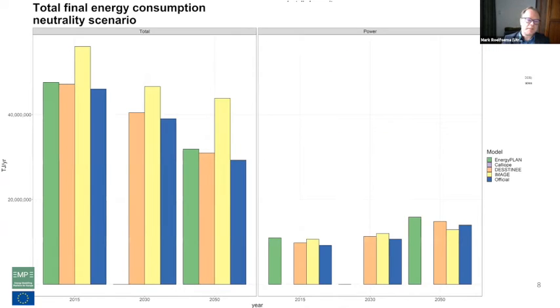Then if we look at the demand side, we see that total demand is somewhat higher for IMET, because IMET's Western and Central European regions include more countries than only EU 27 and UK, which is included in the other models. But for the power, we see relatively the same picture between all models for 2050.